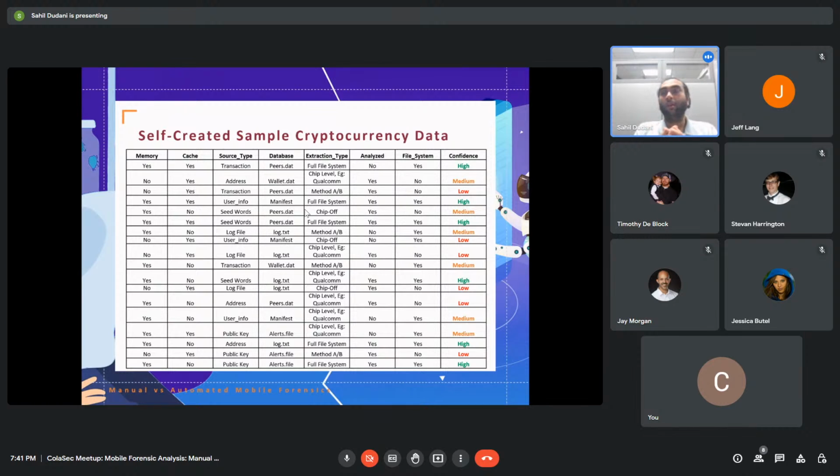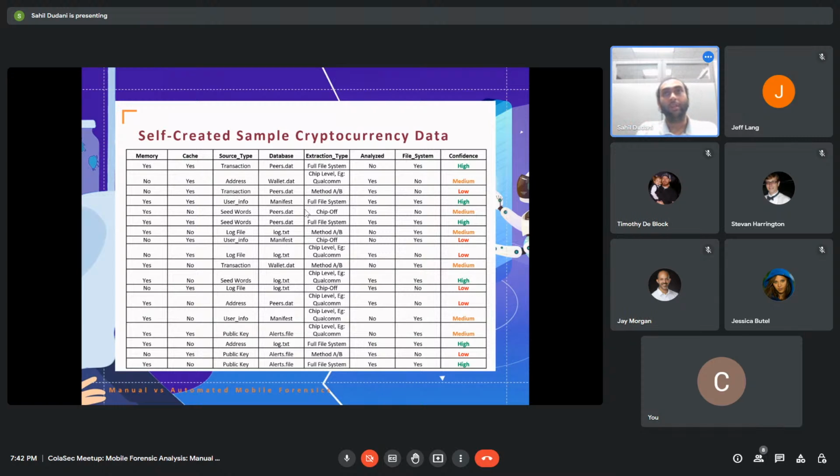Here on the rightmost column, you see confidence. The possible values for confidence are high, medium, and low. What we're trying to do is, based on certain features and certain aspects of mobile forensics, assign a confidence value to a particular artifact so that we know whether it must be looked into in depth or can be ignored.